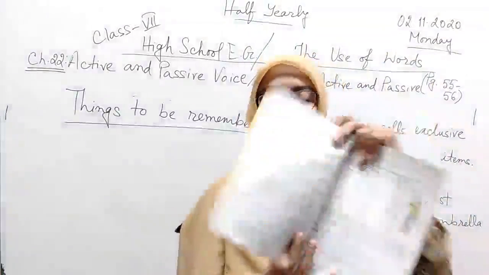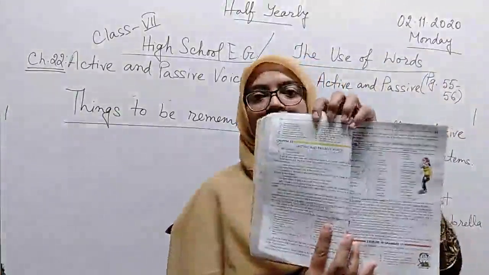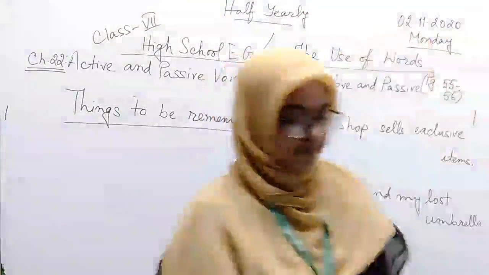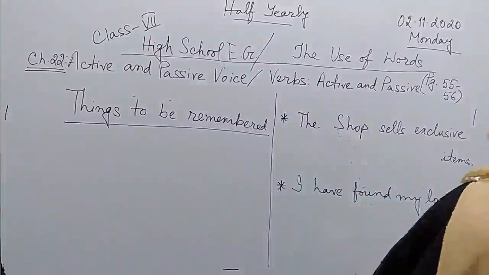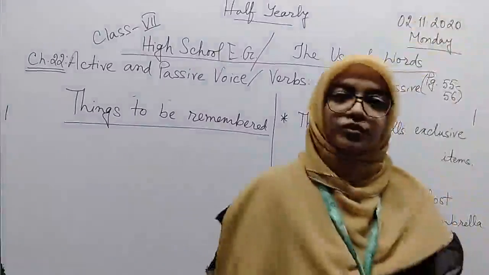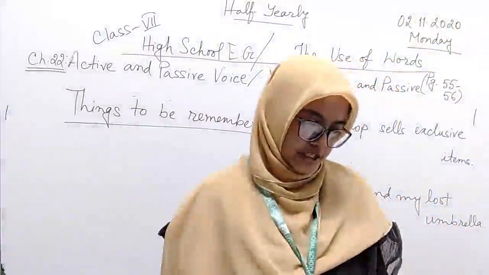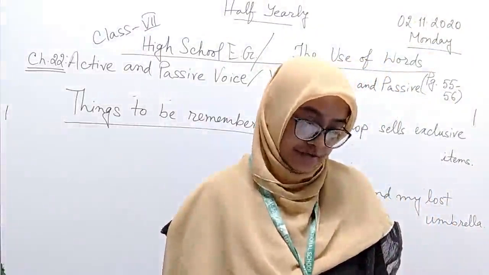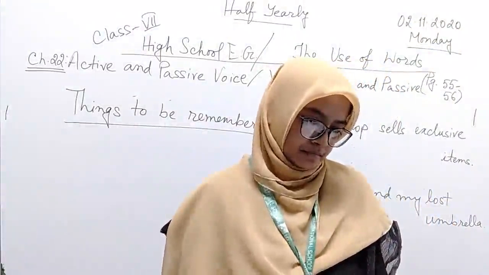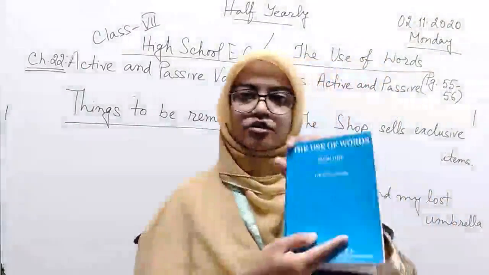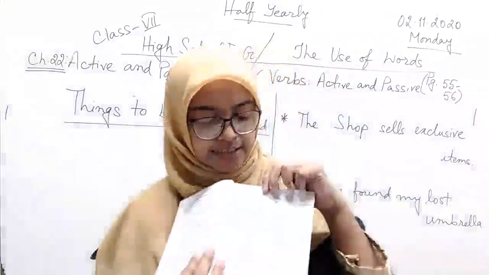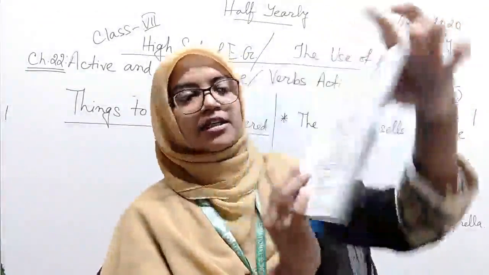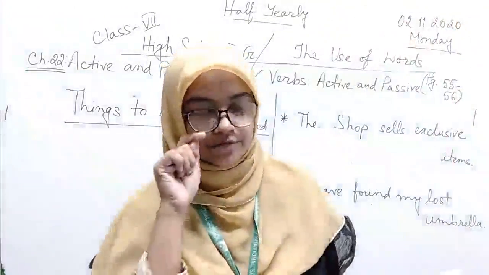So this is chapter 22, active and passive voice. And from the Use of Words, let me show you the page that begins this topic, page 55. Verbs, active and passive.